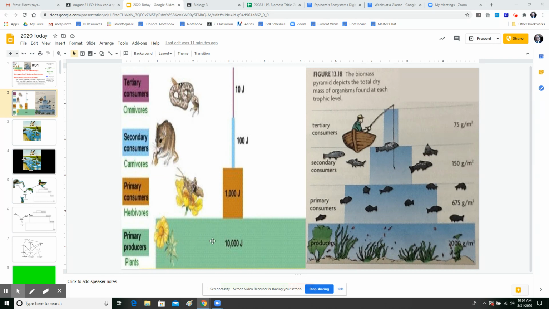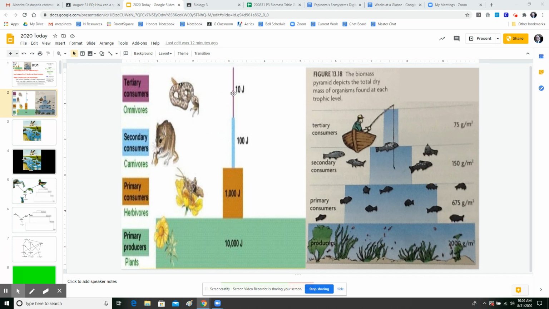Why? Because the plants use that energy to live and to grow, right? And then the grasshopper only passes on 10% of this energy to the next level because the grasshopper uses the energy to live and grow. So the mouse gets less energy. So we had this energy pyramid, right? And the further away you get from the plants, the less energy is available.